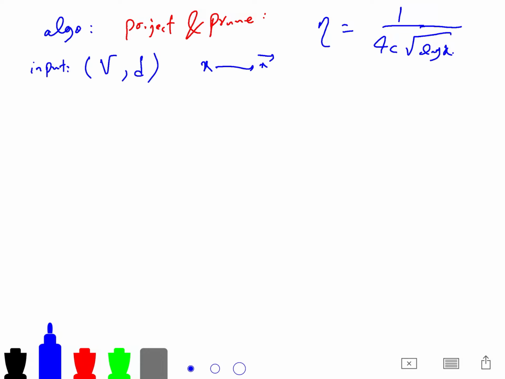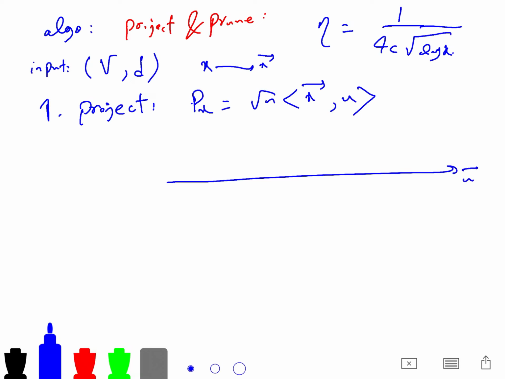First, you project onto a random direction, let's say U. And then you have the projection of point X that is in your embedded space onto that random direction. So you get 1 point in R, for example.